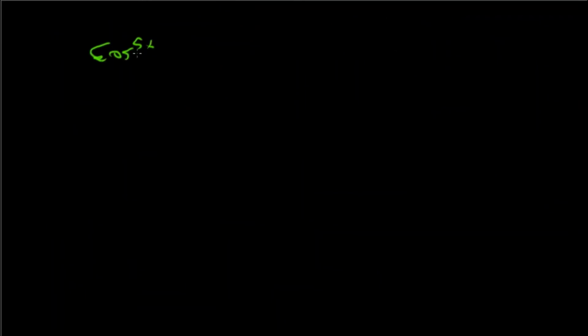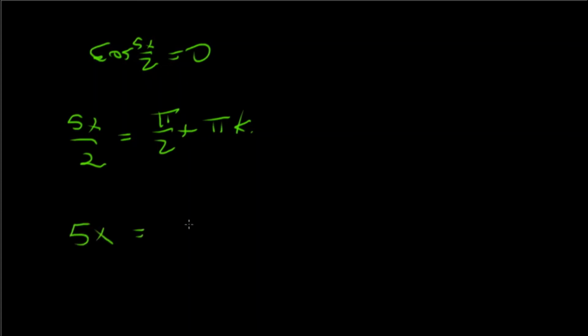Cosine 5x over 2 is equal to 0. When is cosine 0? Cosine is 0 at pi over 2 plus pi k. And we need that thing to be 5x over 2. Multiply by 2 everywhere. I'm going to do this in as many steps as I need. 2 pi k, divide by 5, we get pi over 5 plus 2/5 pi k.